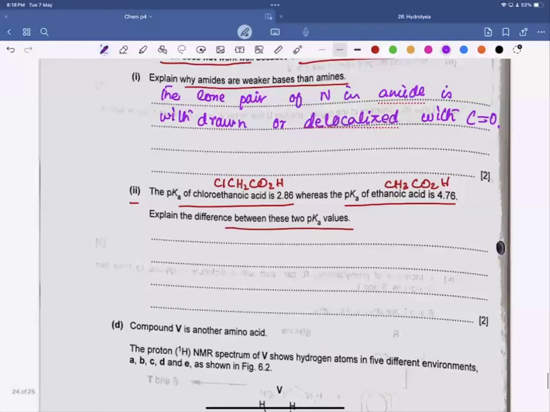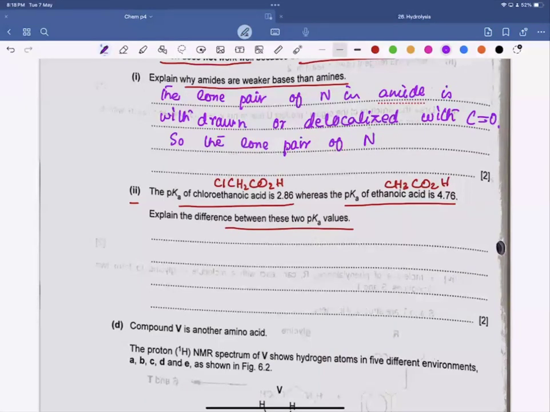Okay, it's for 2 marks. So I have to mention over here the lone pair. Sorry, I missed it. I have written that down, but I have explained it, but didn't mention. Yeah, you can write it, but you have to explain it properly.